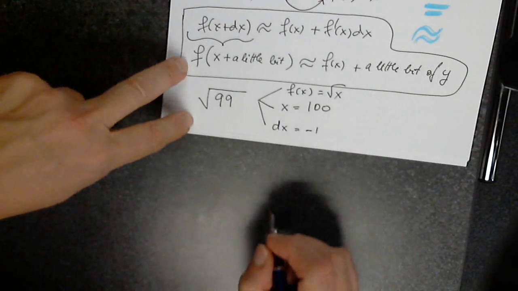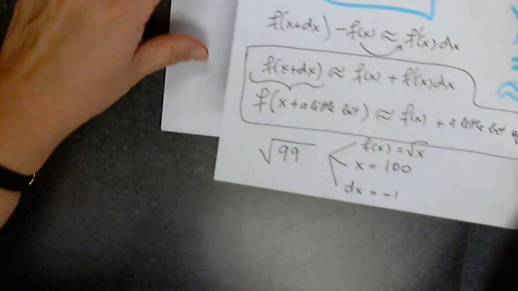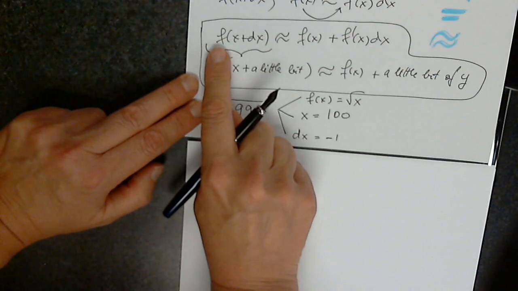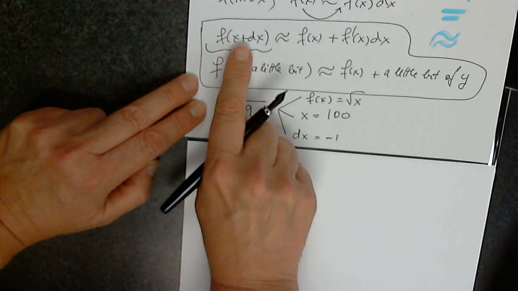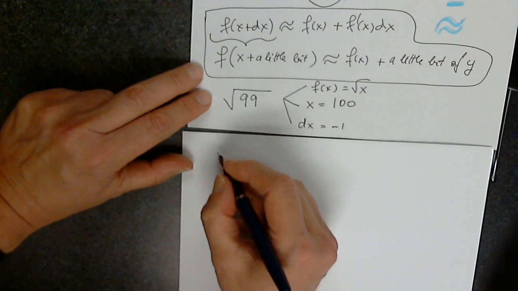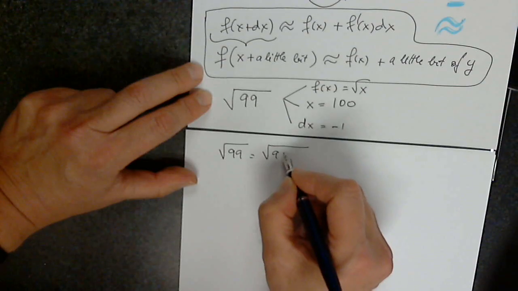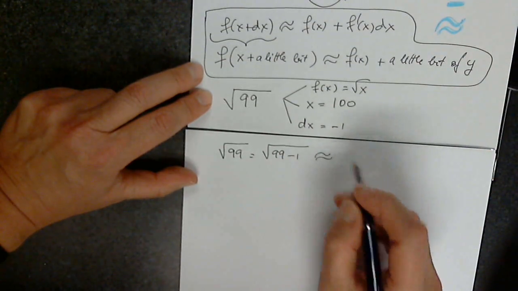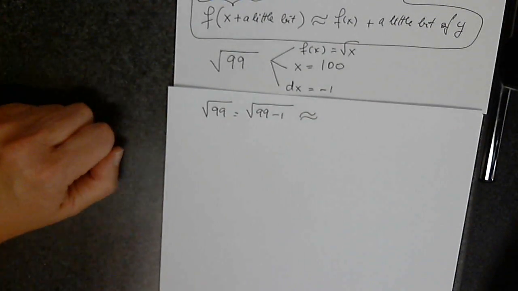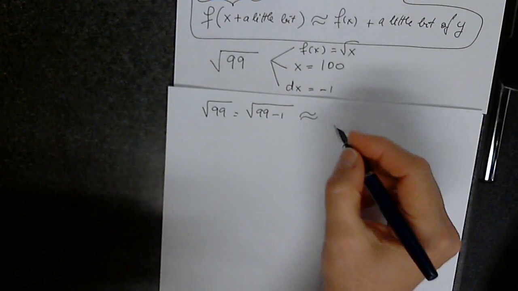Right. So using all this, please tell me what to write. I need to find the square root of 100 minus 1, which is the square root of 99. So the square root of 99 is the square root of 99 minus 1, which is approximately, because I refuse to take the square root of 99, it will be approximately what?